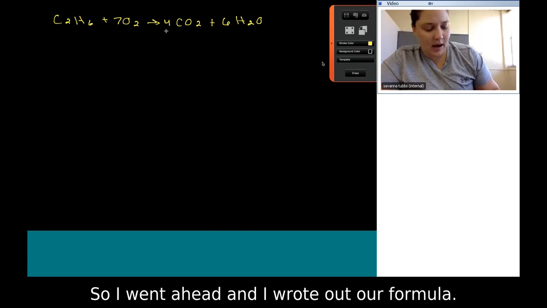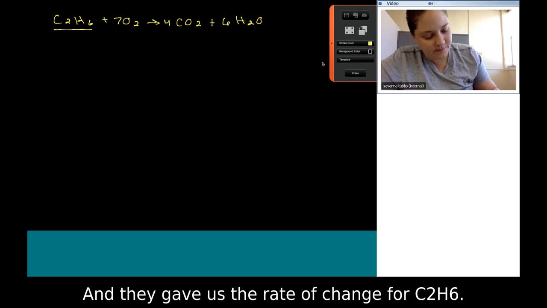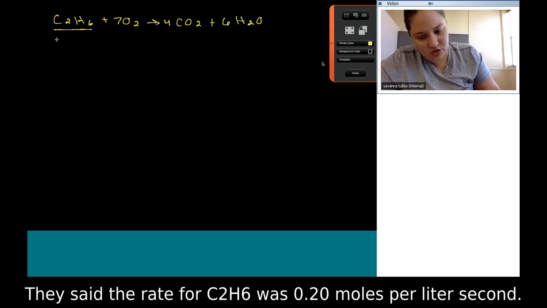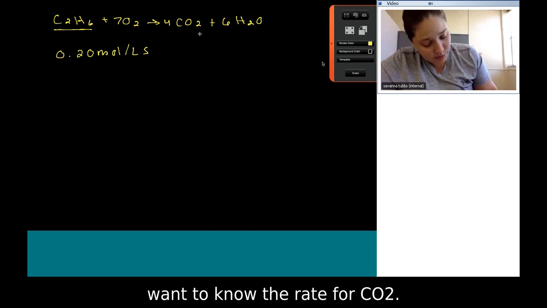So I went ahead and wrote out our formula. And they gave us the rate of change for C2H6. They said the rate for C2H6 was 0.20 moles per liter second. So we need to compare this to CO2 because they want to know the rate for CO2.